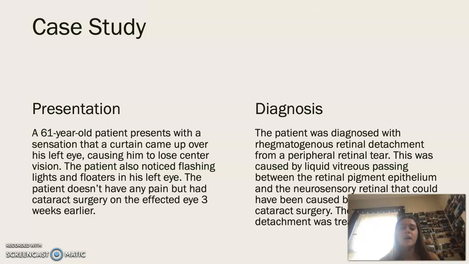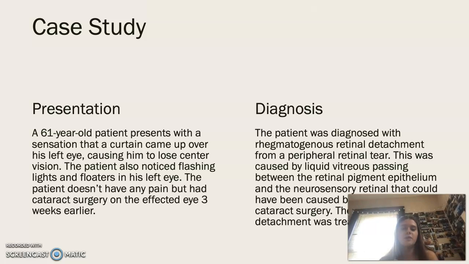And after some tests, the patient was diagnosed with rhegmatogenous retinal detachment from a peripheral retinal tear. This is a lot of words, but this is caused by liquid vitreous, so the substance in the vitreous humor, passing between the retinal pigmented epithelium and the neurosensory retina.